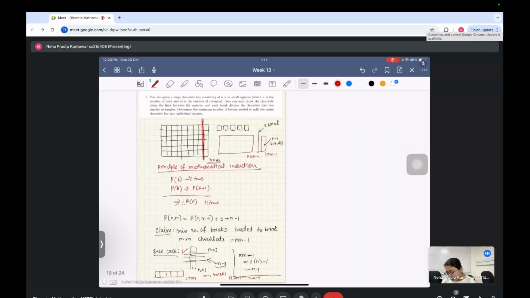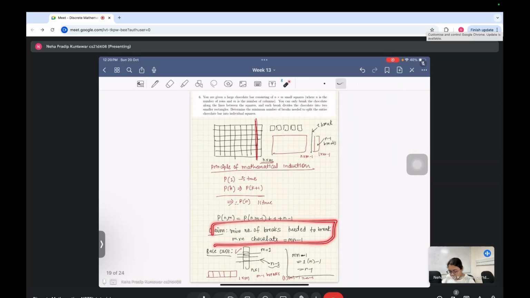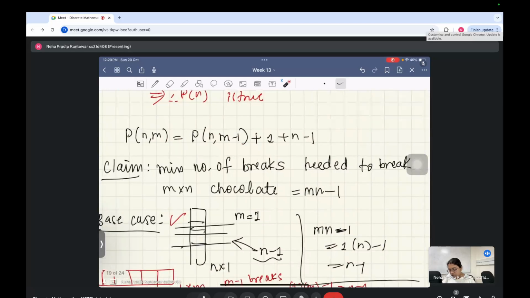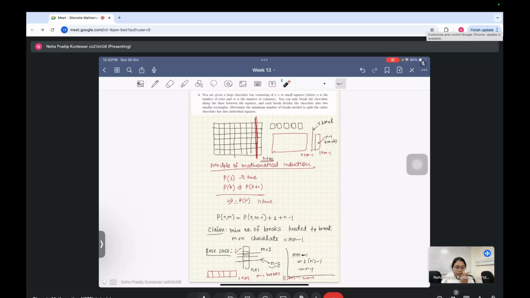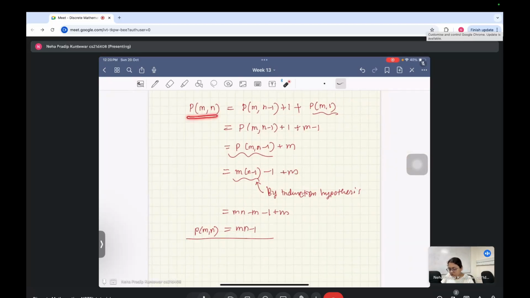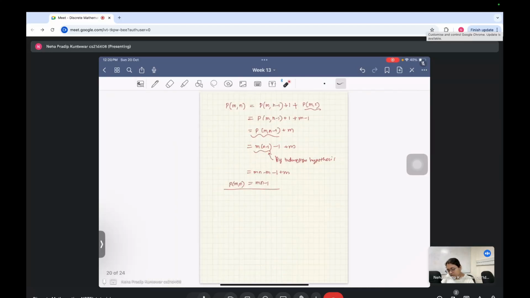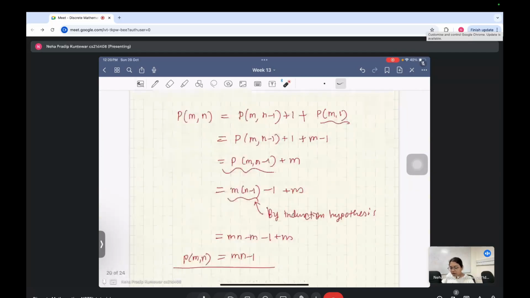So what we did here is that I want to show that the minimum number of breaks needed is equal to this quantity. For the base case, we considered a single column and a single row chocolate, and we saw the minimal number matches with that. And in order to solve for the bigger one, what we did is we broke off one column, solved for it optimally, solved for this optimally, and counted the total number.